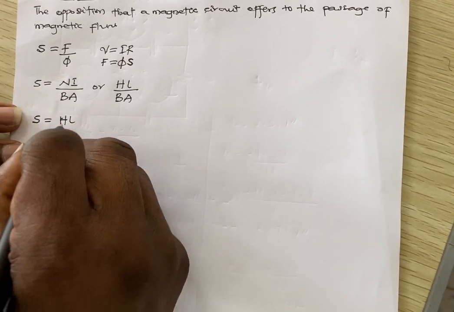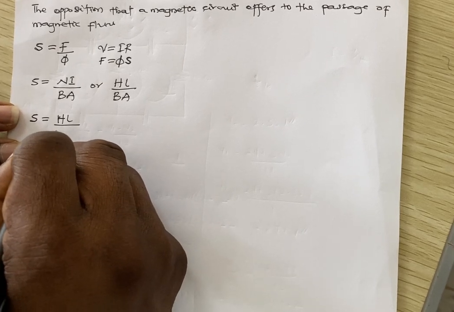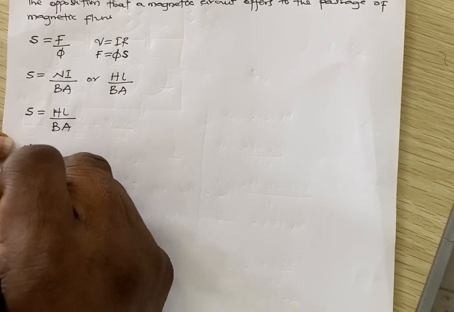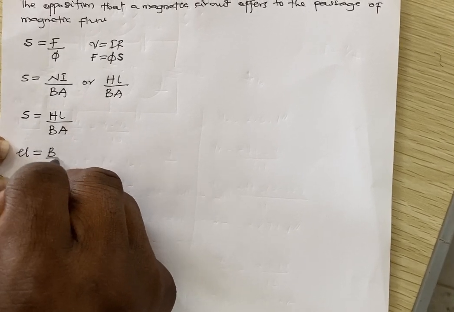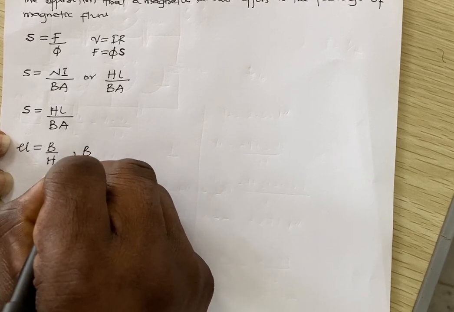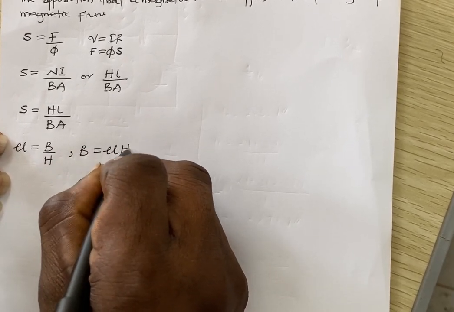Now working more on this H L and B, we know that mu is equal to B on H, meaning we can have B to be equal to mu H, right?